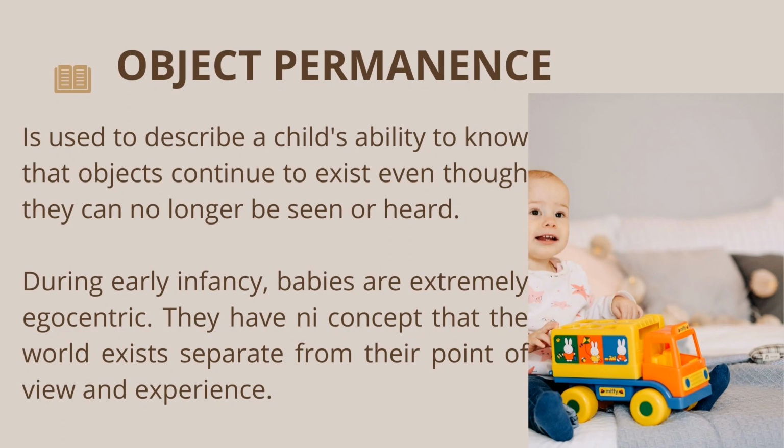In the sensorimotor stage of development, a period that lasts from birth to about the age of 2, Piaget suggested that children understand the world through their motor abilities such as touch, vision, taste, and movement. During early infancy, babies are extremely egocentric. They have no concept that the world exists separate from their point of view and experience. To understand that objects continue to exist even when they are unseen, infants must first develop a mental representation of the object.